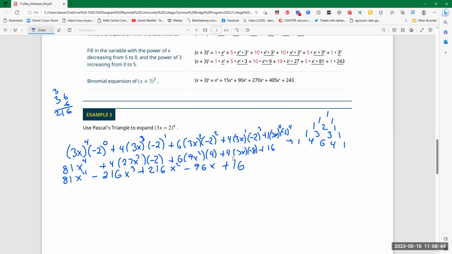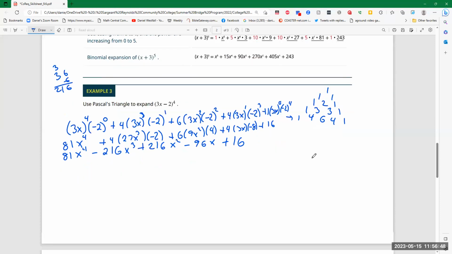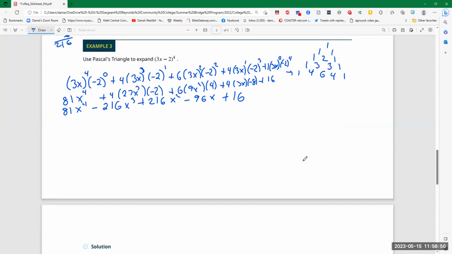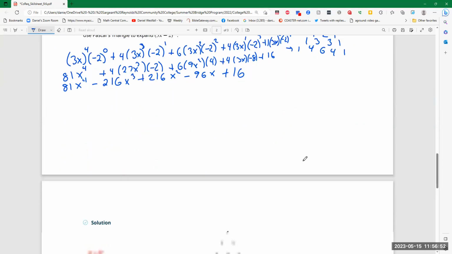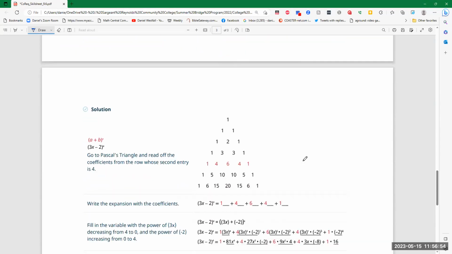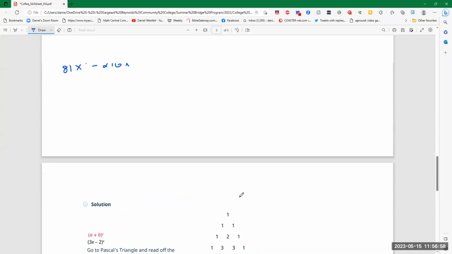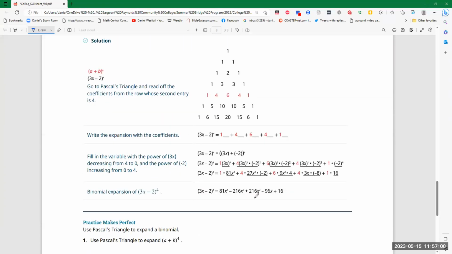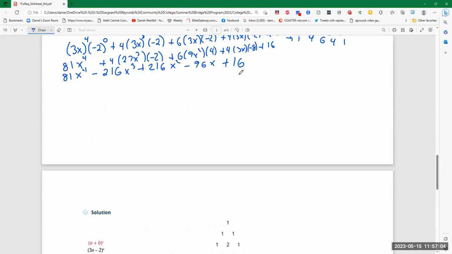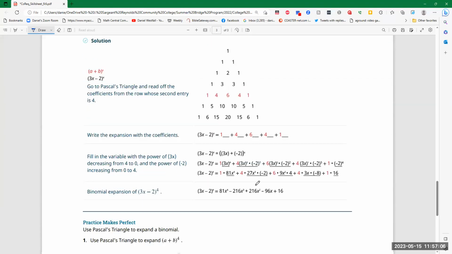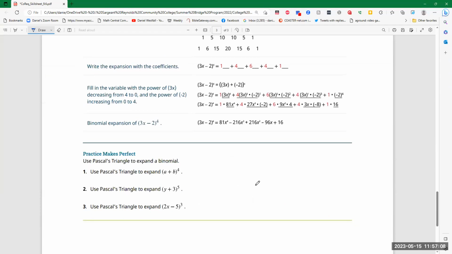And there we go. Much, much easier than doing it the old way, right? So they're going to go ahead and walk us through that. 81, -216, +216, -96, and +16. So we got it right, okay? Went through the right process.